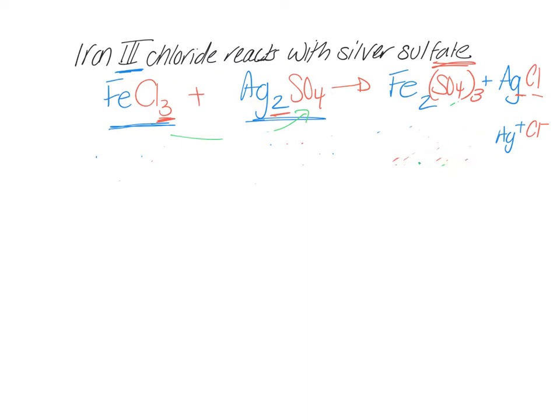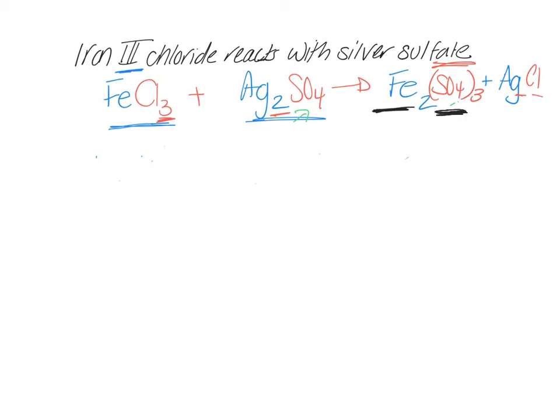Just erasing my scrap paper so that you can see again that you shouldn't have any positives or negatives on your compounds, right? They have a 0 net charge. The other thing I want to make note of is that, do you guys notice that the metal is always written first and the non-metal is always written second?